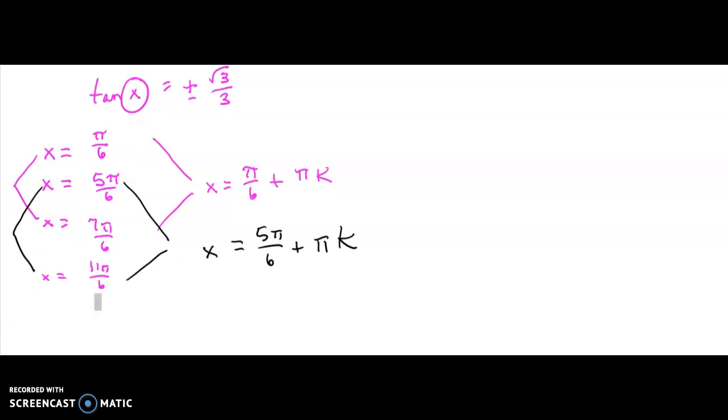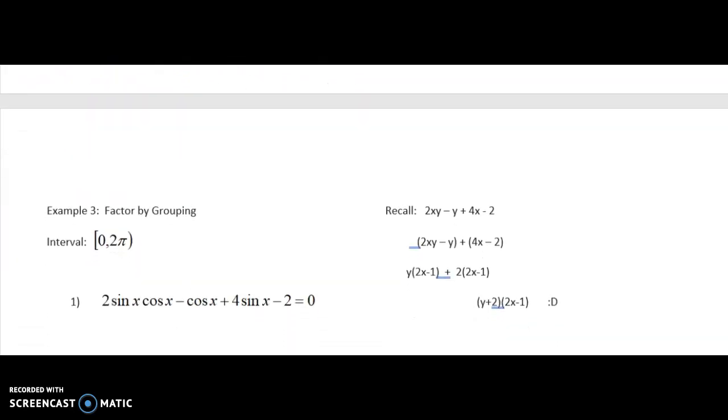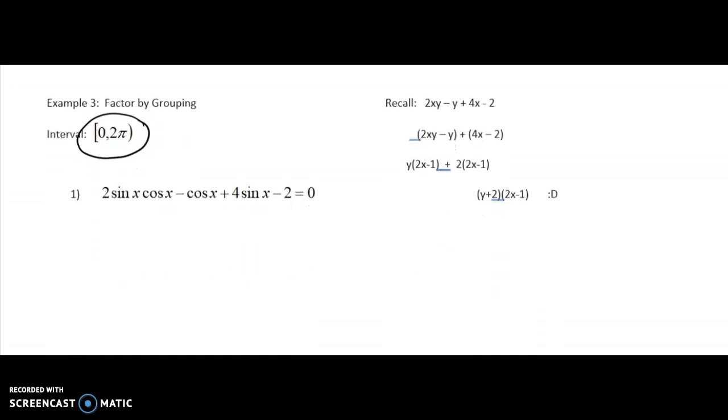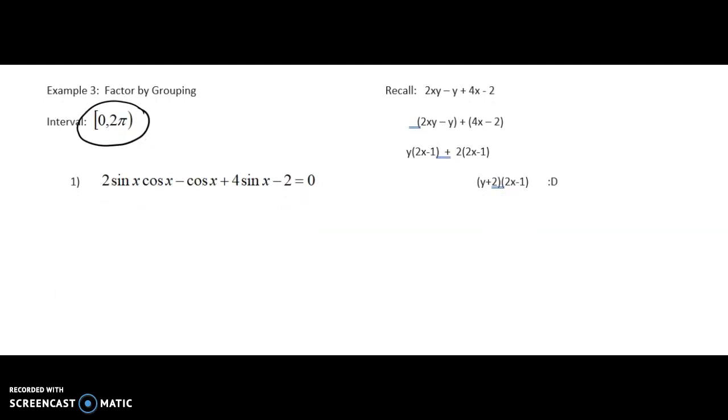Okay, I'm going to do one more problem, and this is on the interval 0 to 2 pi, and this is a factor by grouping problem. Notice we have 4 terms. 4 terms is always going to be your factor by grouping. I always say group the front 2, group the back 2. So factor a GCF out of the front 2, which would be cosine x, times 2 sine x minus 1.